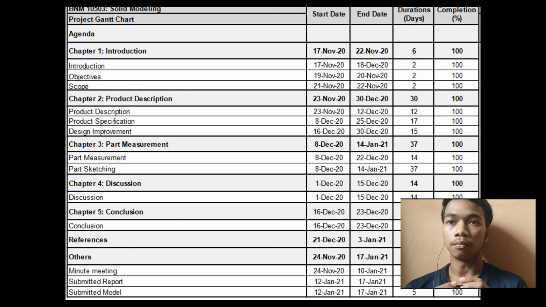For Chapter 4 Discussion, the starting date is 1 December 2020 until 5 December 2020. For conclusion, Chapter 5, 16 December 2020 until 23 December 2020. For references, the starting date is 21 December 2020 until 3 January 2021.